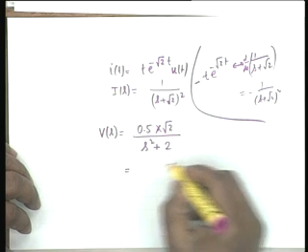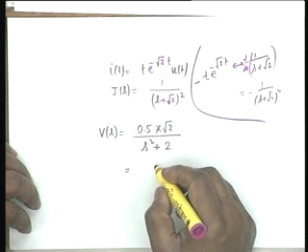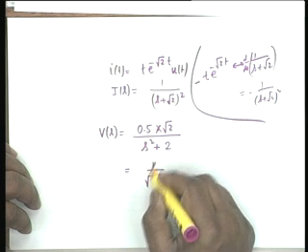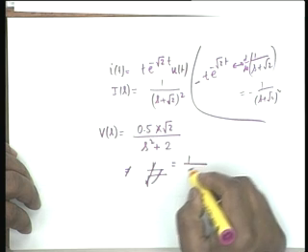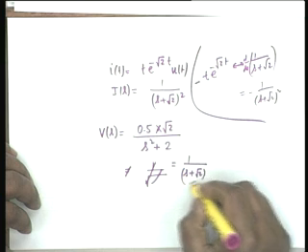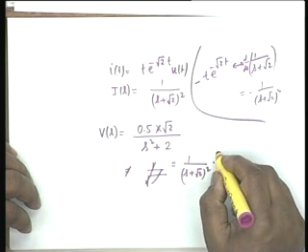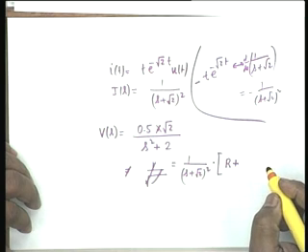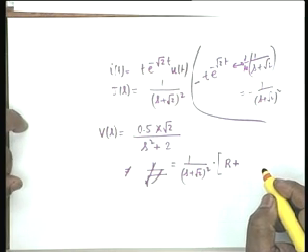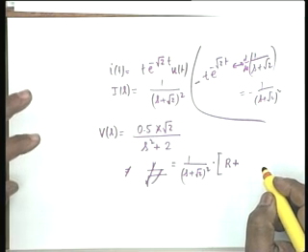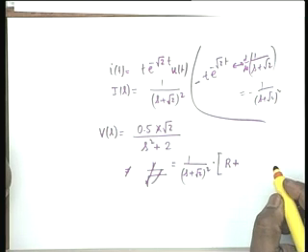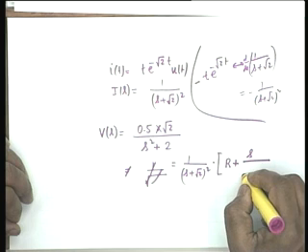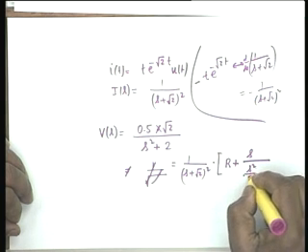So, this is equal to the current transform, which is 1 over s plus root 2 whole square, multiplied by the impedance, which is R, plus the impedance of a capacitor and an inductor in parallel, which is sL divided by s squared LC plus 1. So, L is 1, so s divided by s squared by 2 plus 1.